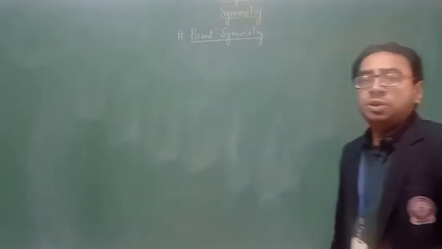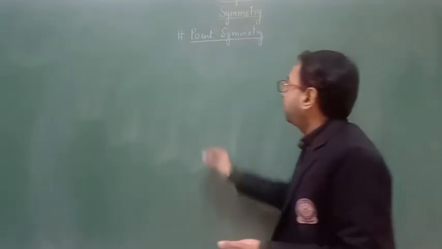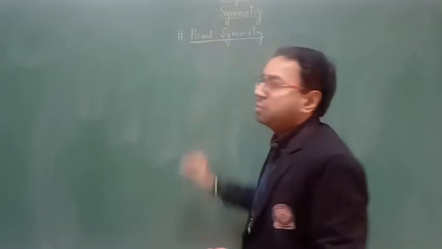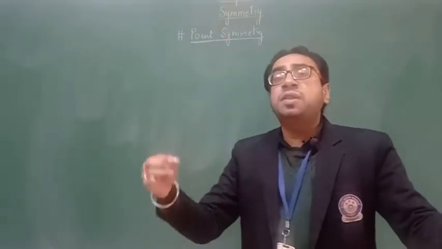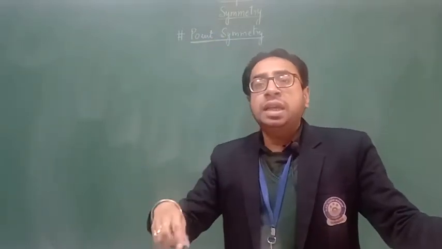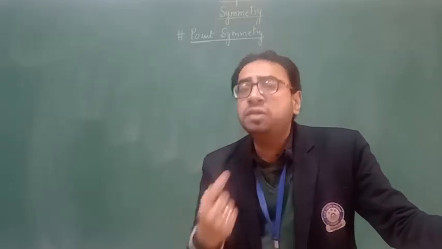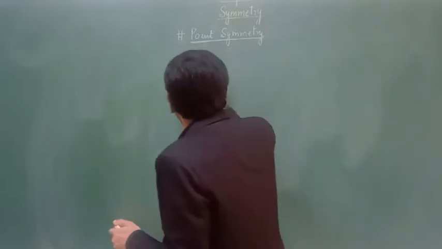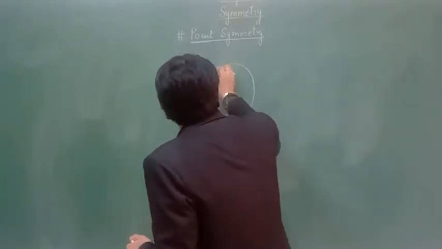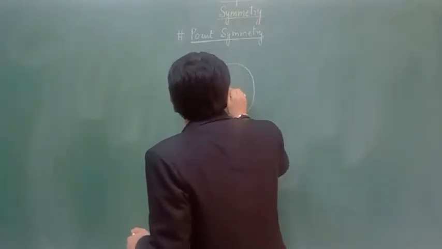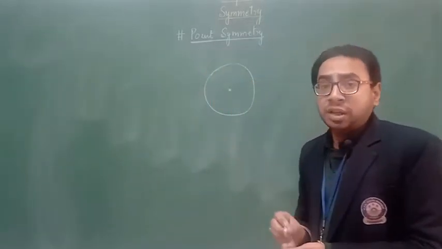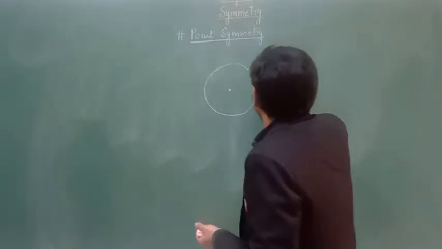What do you mean by point symmetry? When we talk about line symmetry, we need a line to show that there is a symmetry. Similarly, in point symmetry, we'll be having a point to exhibit the symmetry. Therefore, a figure which is symmetrical about a point is known as point symmetry. For example, a circle.